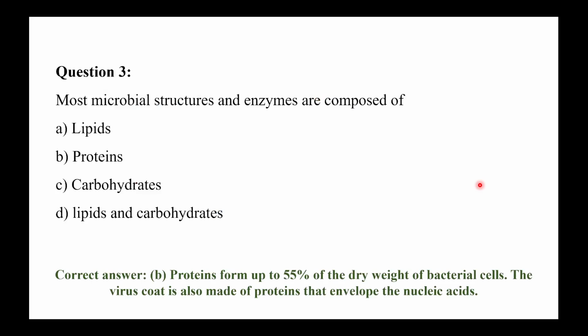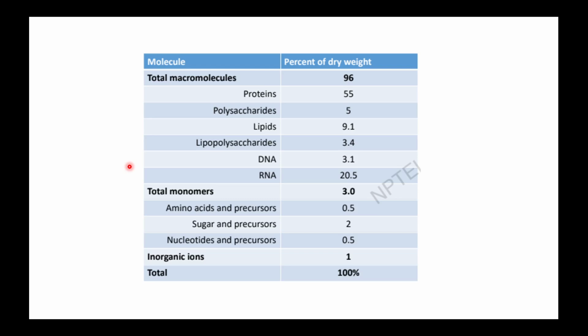Proteins form up to 55% of the dry weight of a bacterial cell. Even the virus coat is made up of protein that envelops the nucleus. So protein is the most abundantly found biomacromolecule in the dry weight of the cell.